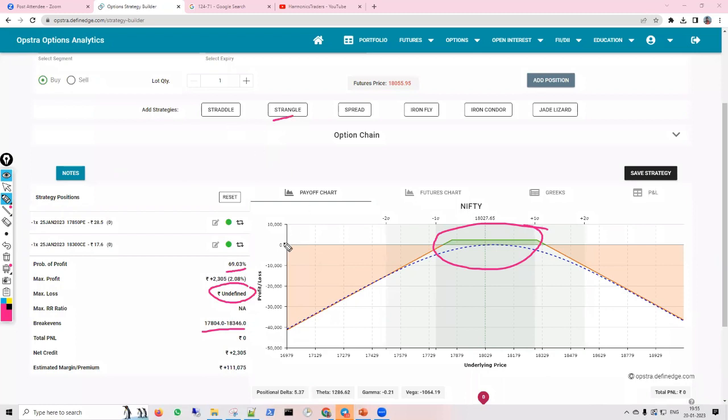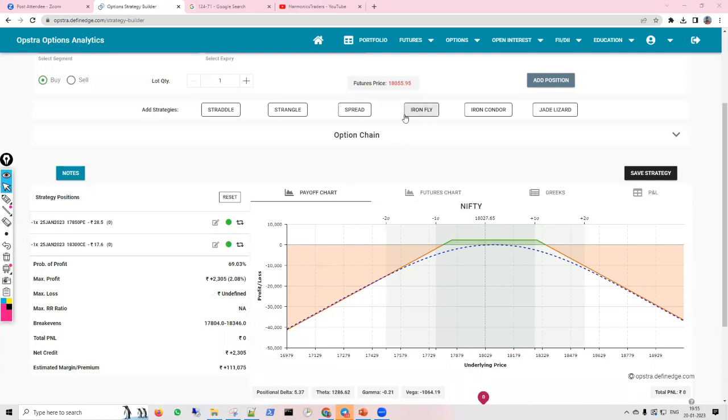In a spread, the loss is always limited. That is why we will be focusing more on spreads.